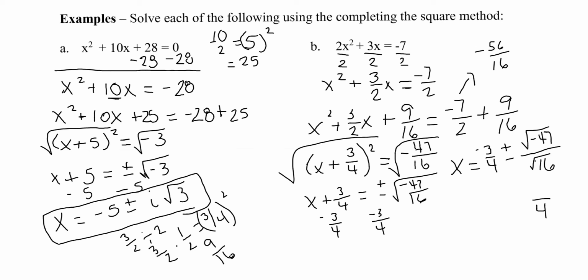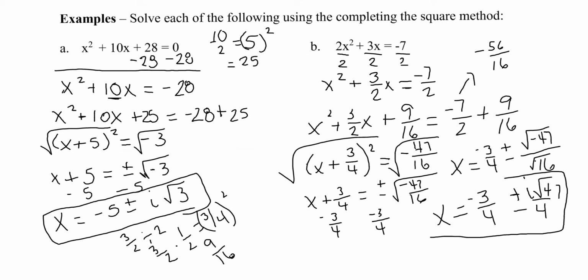And the square root of 47, I really can't do anything with it except I can get rid of that negative underneath there by pulling out i. So I'll have i square root 47, and I'll keep my plus or minus and my negative 3/4. So my final answer is x equals negative 3/4 plus or minus i square root of 47 divided by 4.